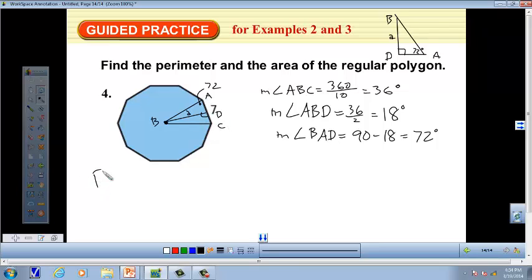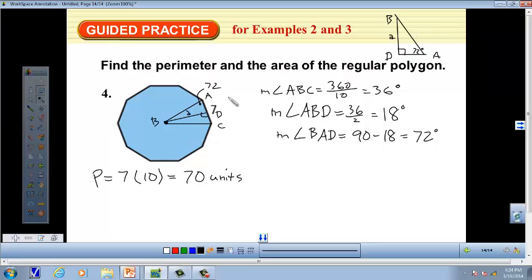In fact, we can find our perimeter right now. We know 7 is the length of each side. We know there's 10 sides, so that gives us 70 units for our perimeter.